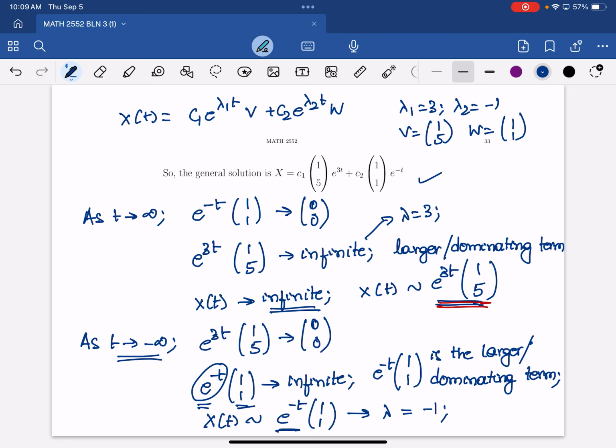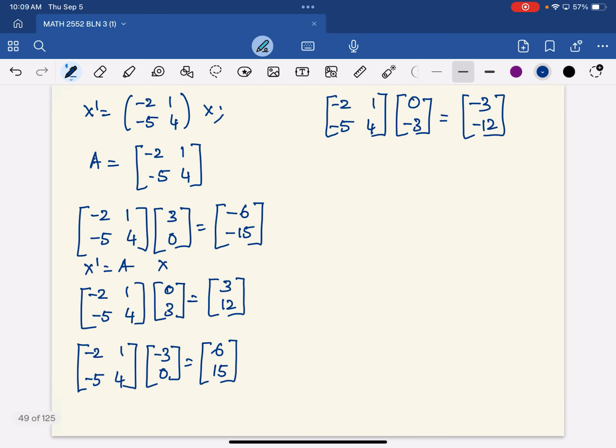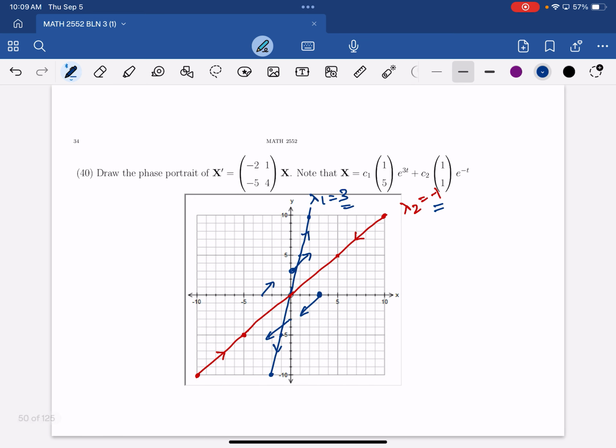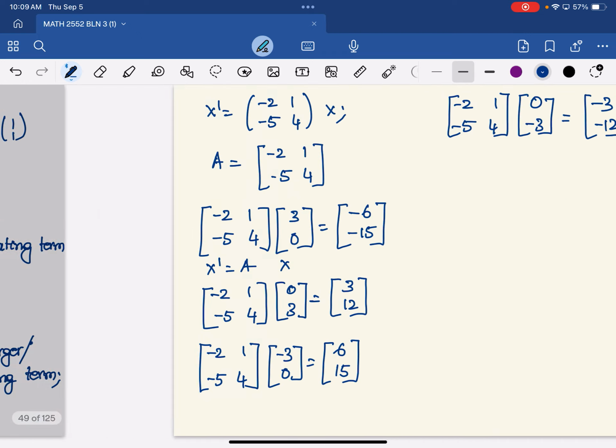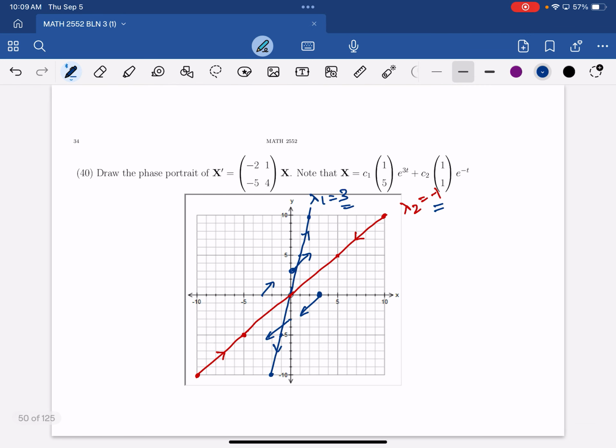So that means somewhere here is my lambda equals 3. And the next one is as t goes to negative infinity, your behavior is dominated by lambda equals negative 1. So you're really traveling from lambda equals negative 1 and going like that. Is that clear? In here, you're traveling from that and you're traveling this way.